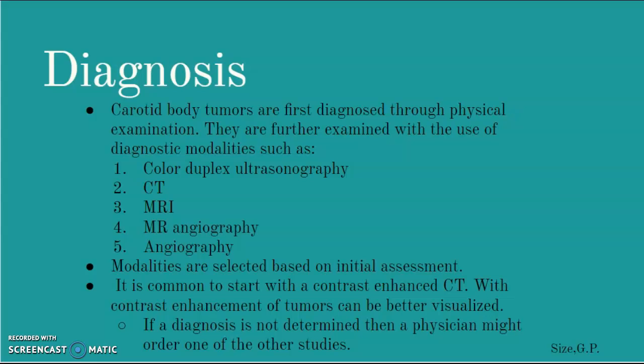Then we've got CT, with CT angiograms that are also really good, and MRI and MR angiography as well. These modalities are selected based on the initial assessment. So if the doctor thinks that one modality is going to show the pathology better, then they'll go with that one first.